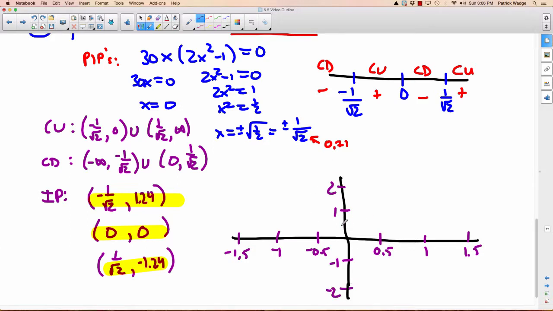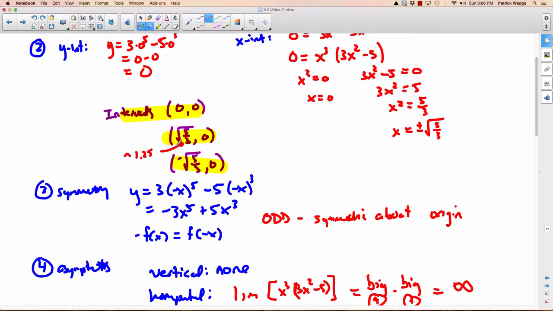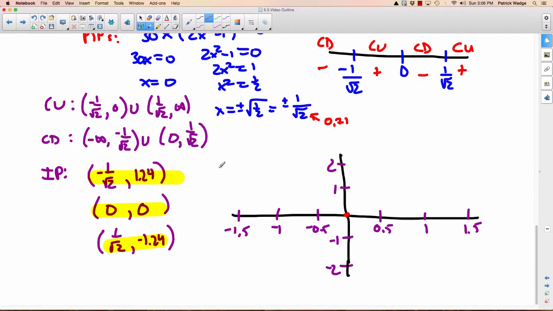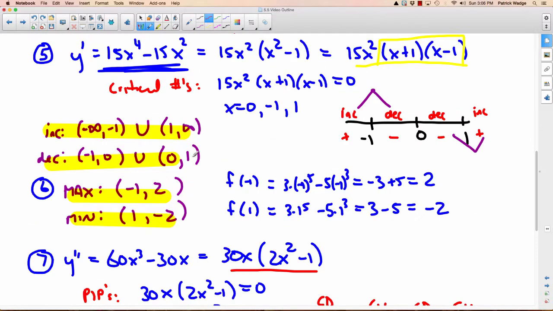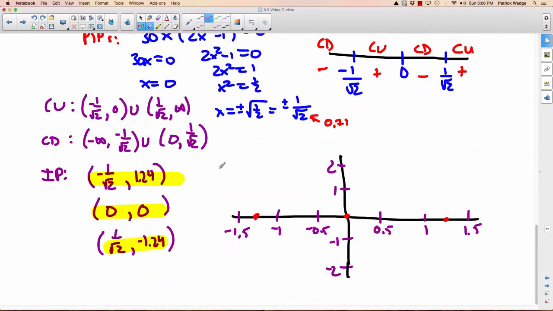Okay, we have no asymptotes to draw, so we don't have to worry about that. So we're going to put our intercepts on. Remember, our intercepts were at 0, 0, and then 1.25, 0 and negative 1.25, 0. Okay, we're going to plot the maximum and minimum points. Well, we have a maximum at negative 1, 2, so that's right here, and a minimum at 1, negative 2, which is here.